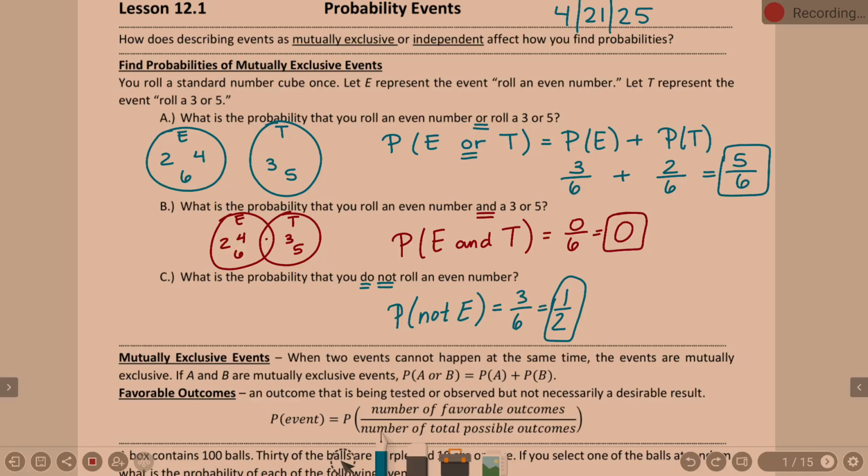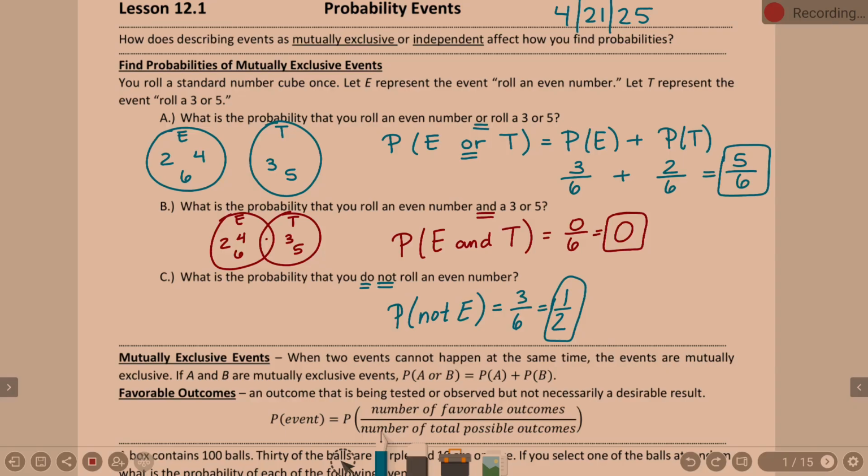So a definition of mutually exclusive here. Mutually exclusive is when two events cannot happen at the same time. If A and B are mutually exclusive events, the probability of A or B is you just add the probabilities. So the probability of A plus B. Another definition here, favorable outcomes: an outcome that is being tested or observed, but not necessarily a desirable result.